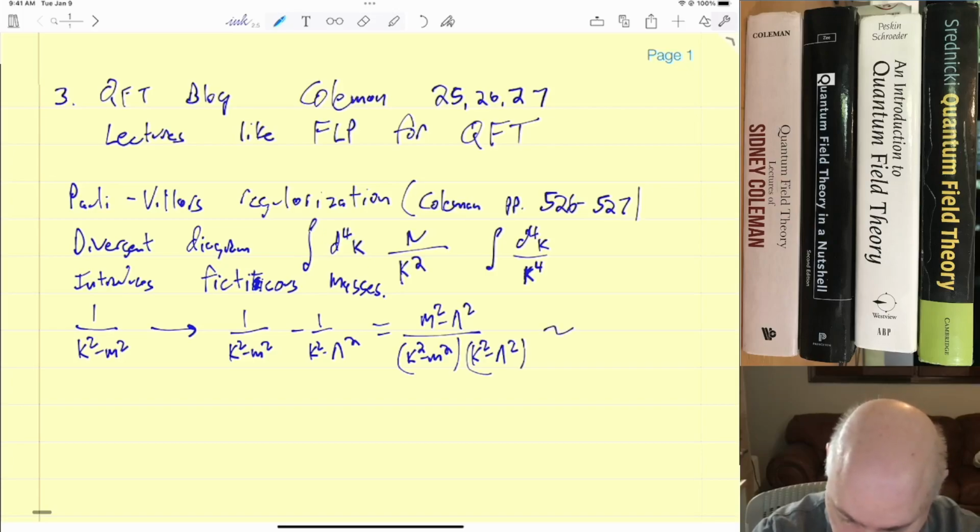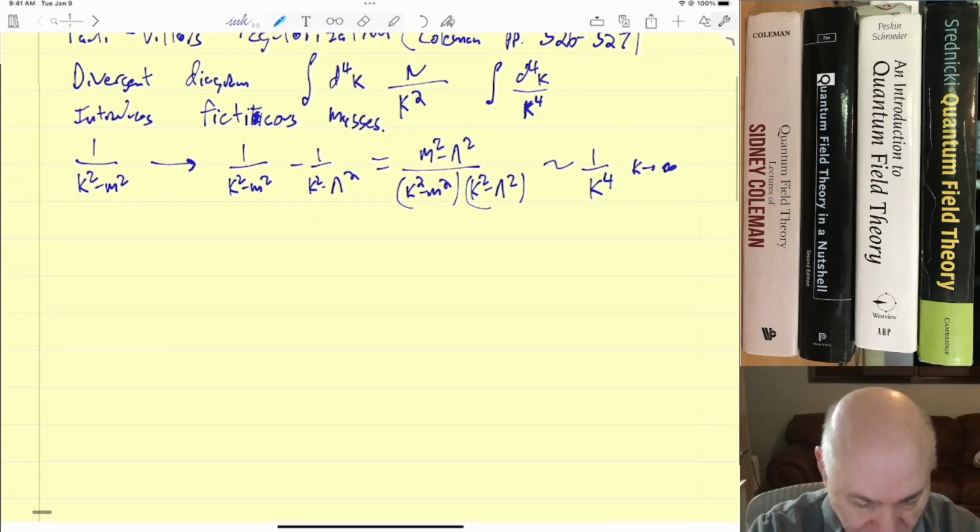And this is about 1 over k to the fourth as k goes to infinity. So your graph might converge if this works. Now, that was obvious to me.